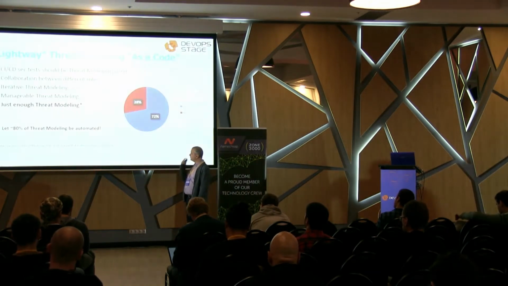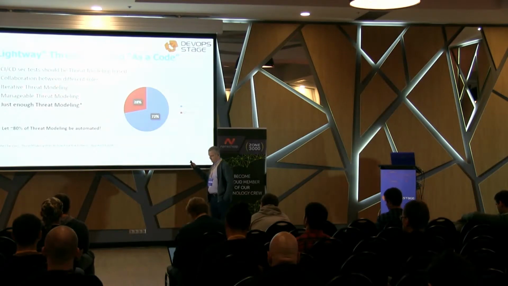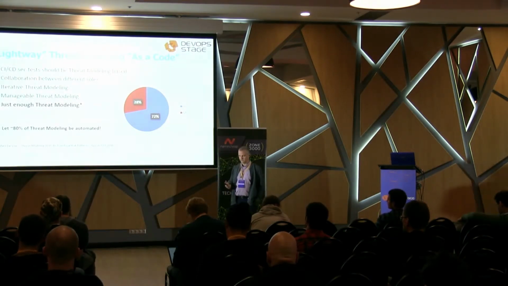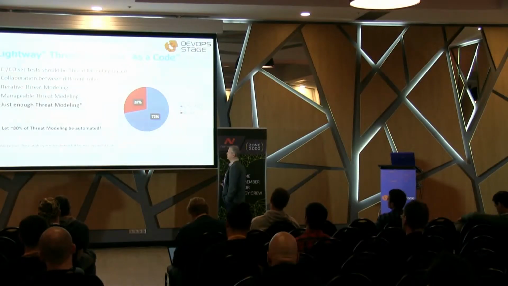So what would be the requirements for lightweight threat modeling as code, and why do we call it lightweight, actually? We can automate something we know. We cannot automate something we don't know. And we learned that we actually can predict threats and abuse cases for approximately 75–80% of web systems, at least for web systems.